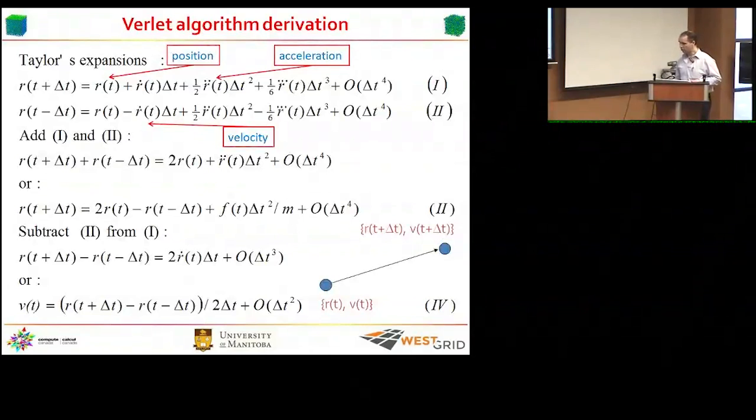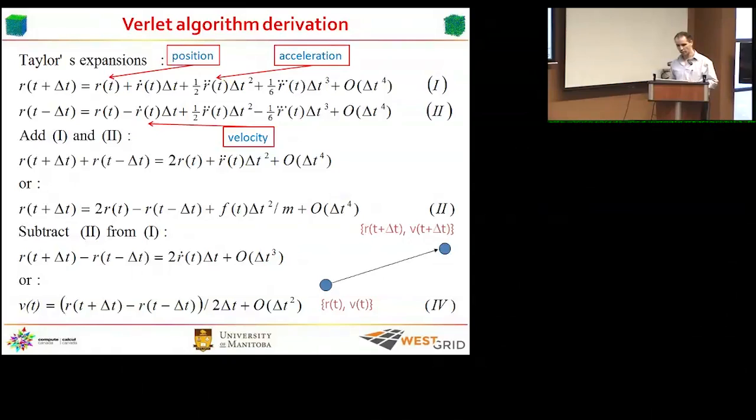Now, to derive the equation of motion, we need an algorithm. One of the most used algorithms in molecular dynamics simulation is called the velocity Verlet algorithm. To derive it, we just take the position and use Taylor's expansion at time t plus delta t and time t minus delta t.